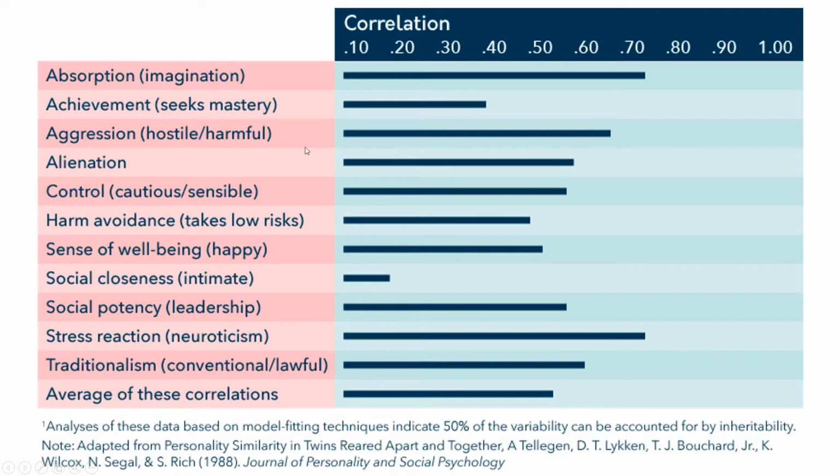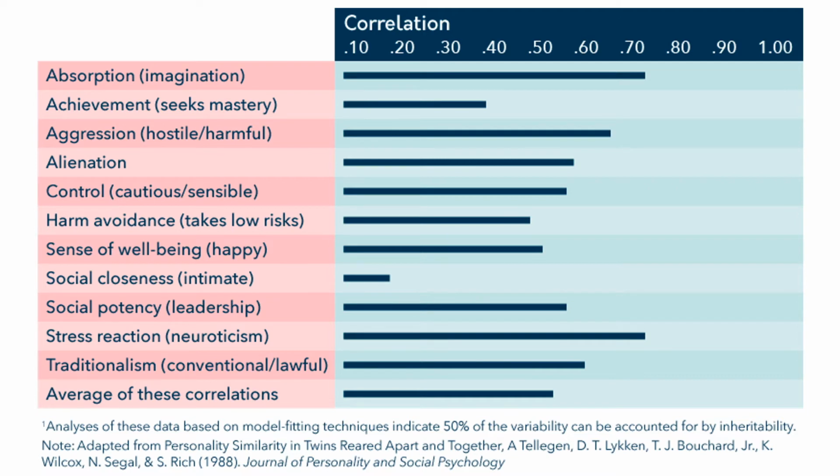We can look at a correlation score, in this case, for a couple of different traits related to personality, and we see that we have fairly reasonable correlations. This correlation score is specifically calculated for identical twins who have been reared in separate environments. So they have the exact same genetics and completely different environments that they were raised in.